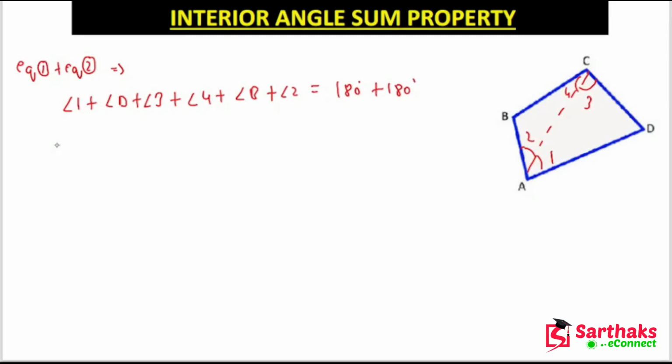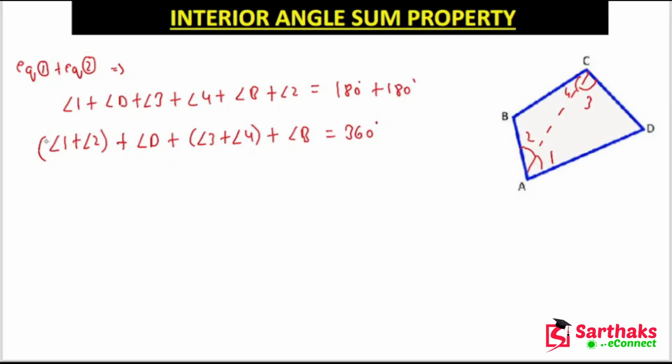Now pairing the angles, we get angle 1 plus angle 2 together, then angle D, then angle 3 and angle 4 together, and then finally angle B. So we would get 360 degrees, because 180 plus 180 is 360.